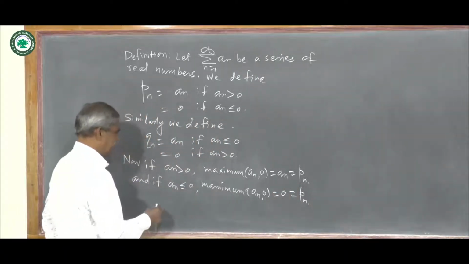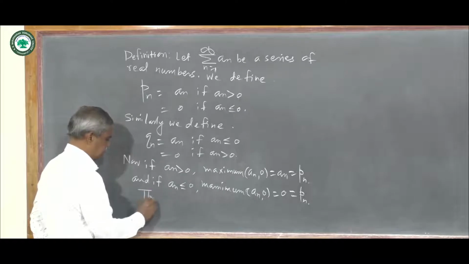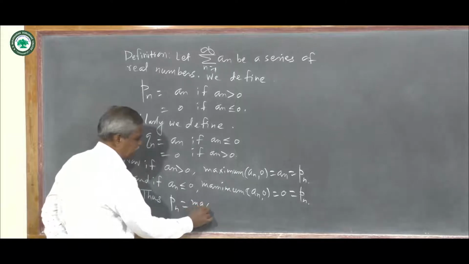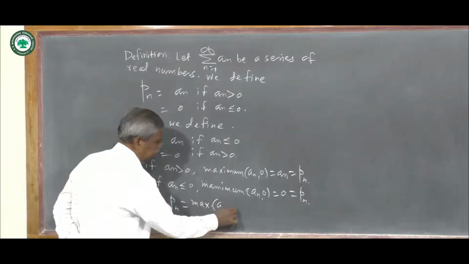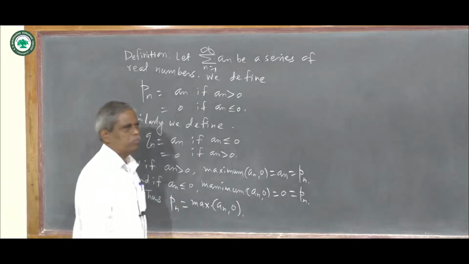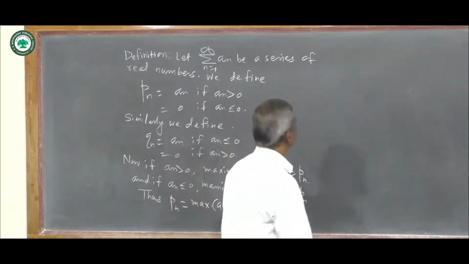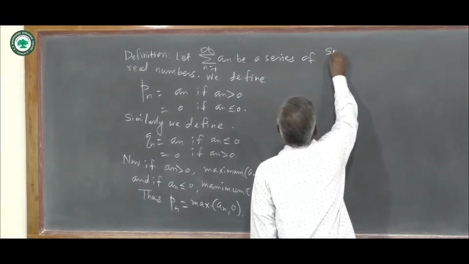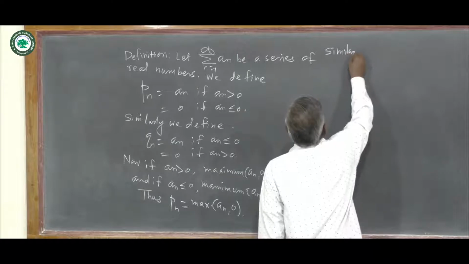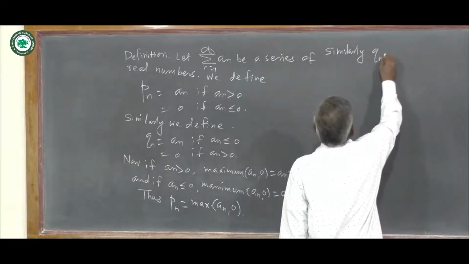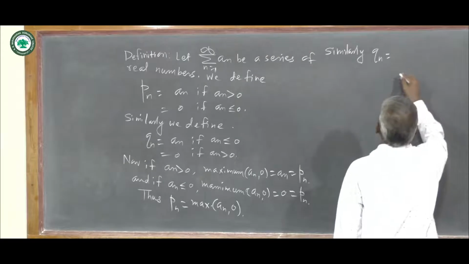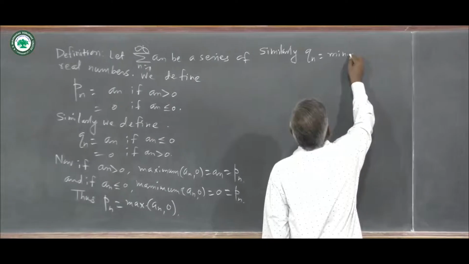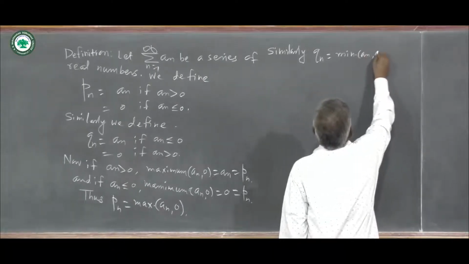Thus, p_n is equal to the maximum of a_n and 0. Similarly, q_n is equal to the minimum of a_n and 0.